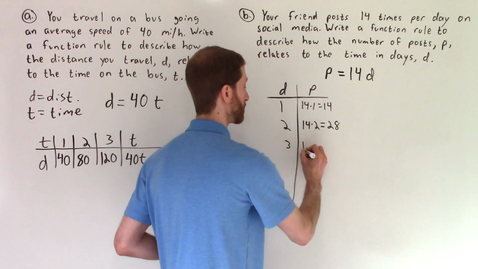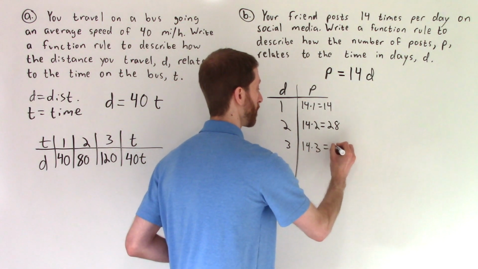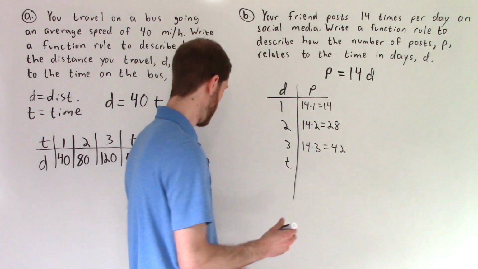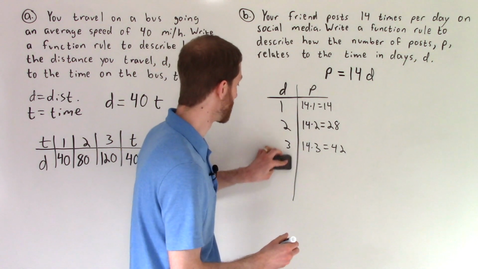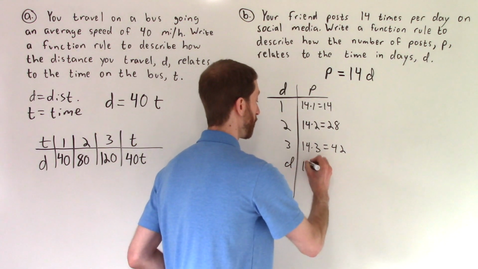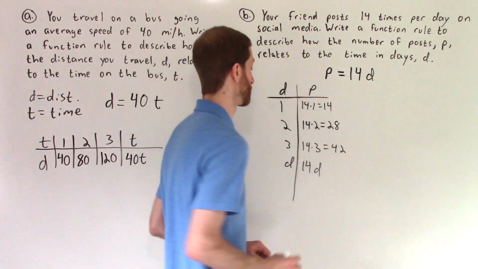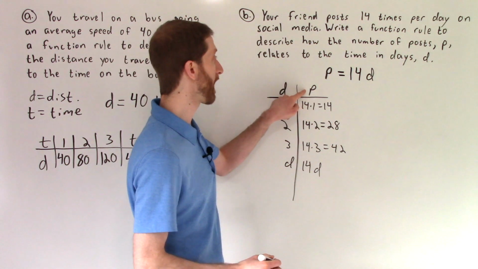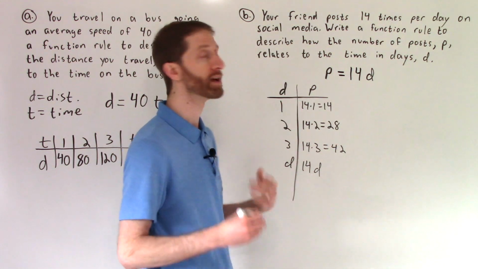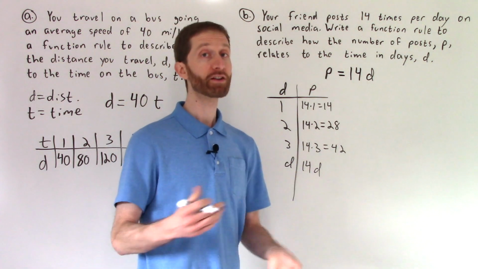After 3 days, you're doing 14 times 3, or 42 posts. And then after t days, oh, I put t. I guess it would be d number of days in this case. After d days, you're doing 14 per each of those days. And so you have that the number of posts is equal to 14 times the number of days. There you have it, peeps.